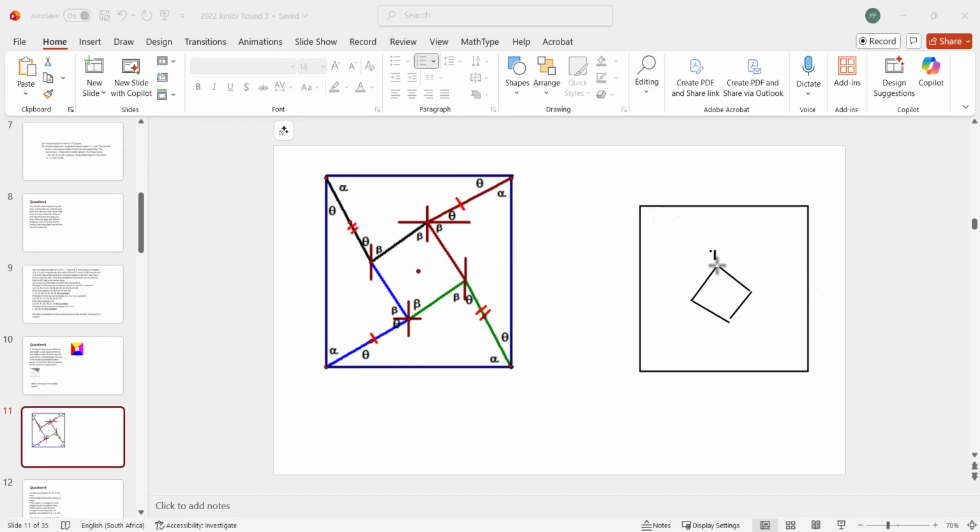I have to join that one. Oh, this also looks like that. This also looks like a straight line, which I didn't want it to be. Not easy to draw this thing.